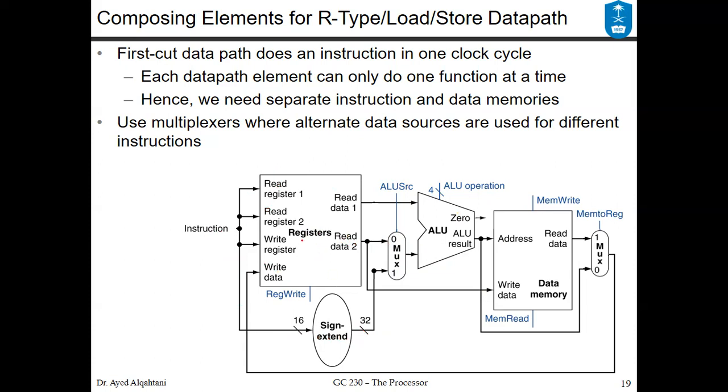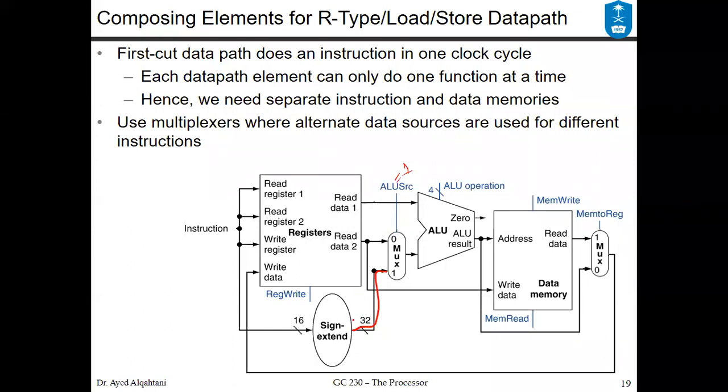If you have arithmetic R-type instructions, you will use the second operand of the register file, or you will make this one activated or chosen by having the ALU source equal to 0. So if it is 0, you will choose this. This is for the R-type. Now, if you have a load or a store, you should choose the sign extended value. So you should make the ALU source equal to 1.